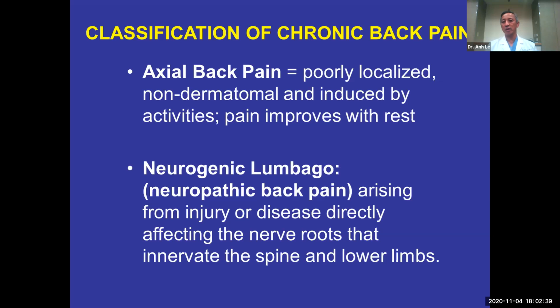It's typically poorly localized. It's non-dermatomal, meaning that it doesn't radiate into the lower extremities. It is induced by activities, and the pain does improve with rest. The second entity is known as neurogenic lumbago or neuropathic back pain. It arises from injuries or diseases directly affecting the nerve roots that innervate the spine and the lower extremities.